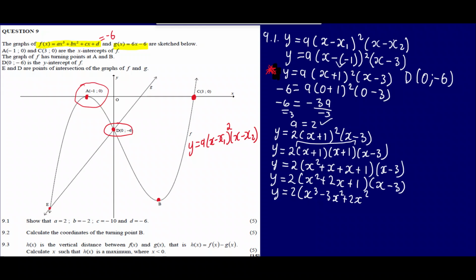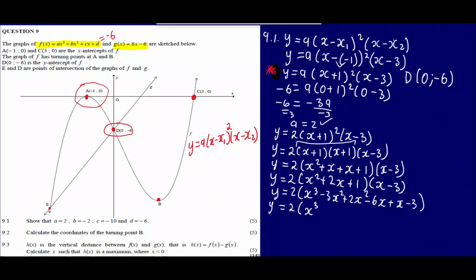So this is a square, by the way, sorry. So minus 3x squared plus 2x squared and minus 6x. And then 1, we can also multiply 1 plus x and minus 3.